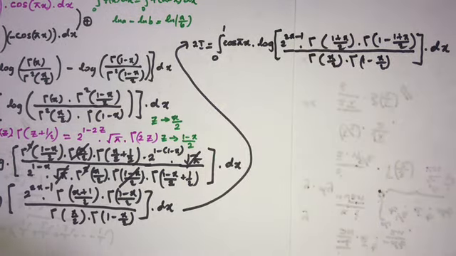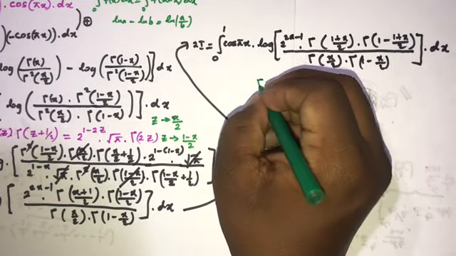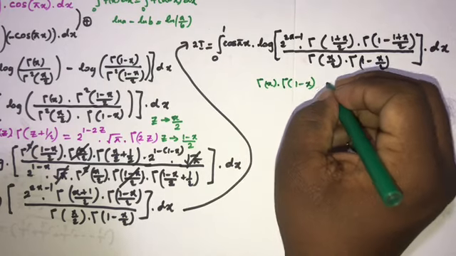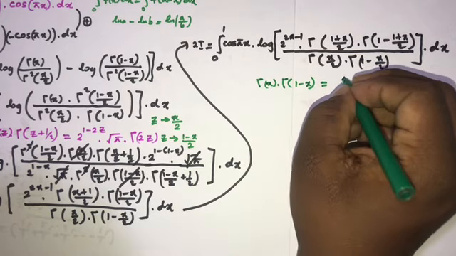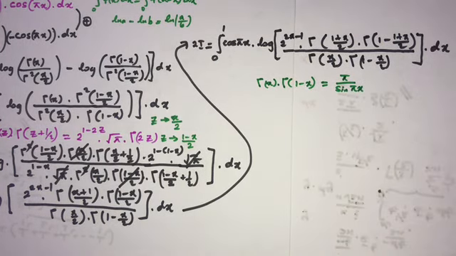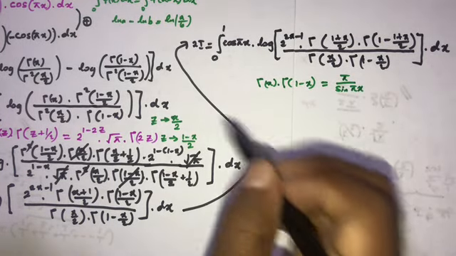Okay, now we know Euler's reflection formula. So what is Euler's reflection formula? We know gamma of x times gamma of 1 minus x is equal to pi over sine of pi x. Okay, now we can plug in.